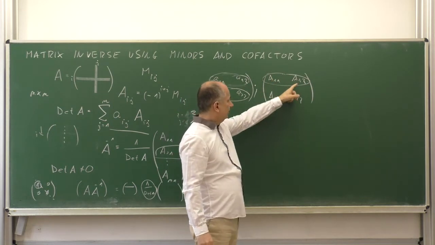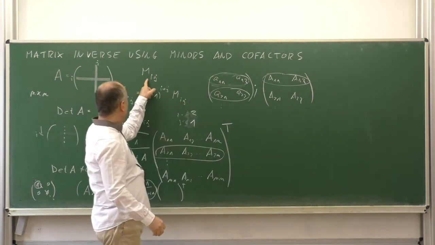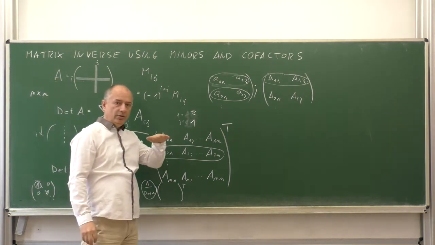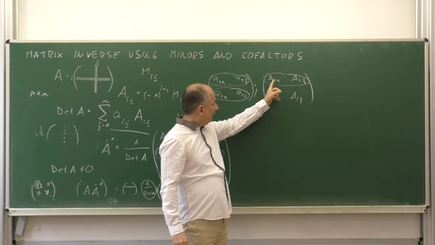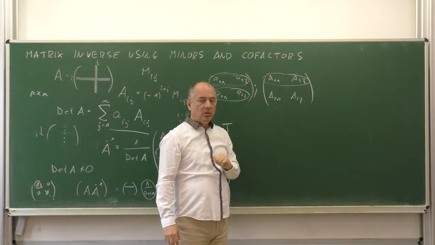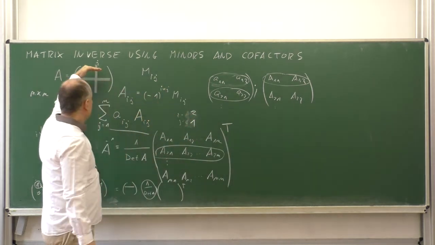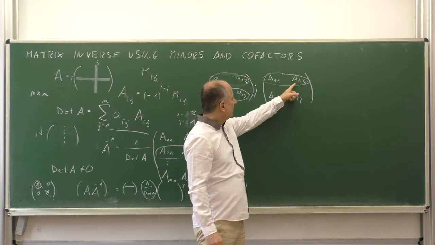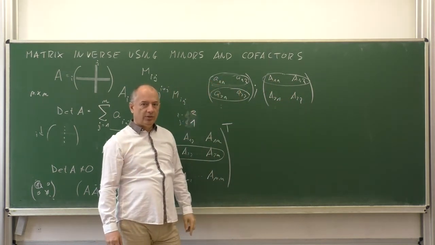These numbers, the cofactors, which come from deleting one row and one column, if we look at the cofactors on the first row, they are computed from the matrix when we delete the first row. So these numbers are independent of the first row of the matrix.